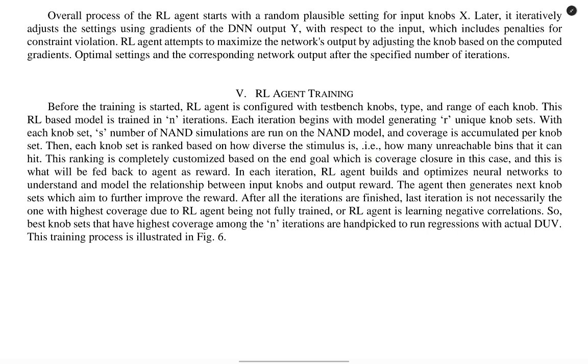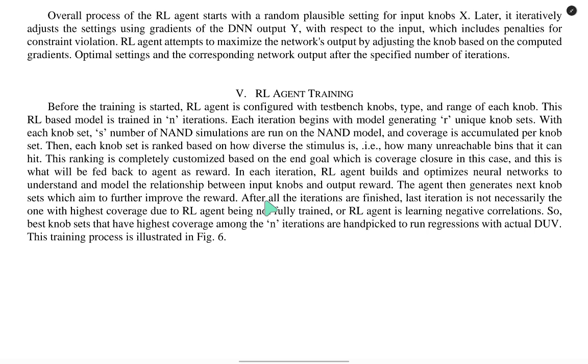In each iteration, the RL agent builds and optimizes neural networks to understand and model the relationship between input nodes and output reward. The agent then generates the next node set, which aims to further improve the reward.